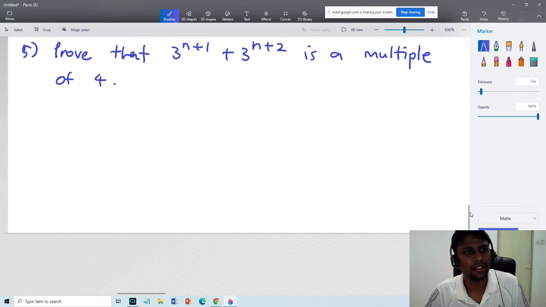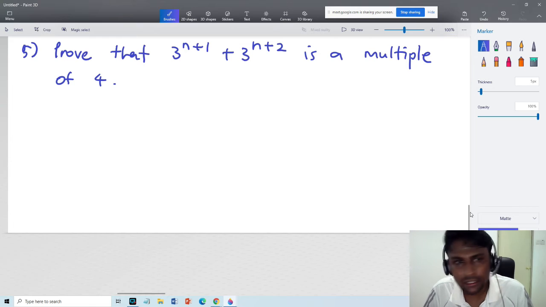That's the question. Prove that 3^(n+1) plus 3^(n+2) is a multiple of 4. How are we going to answer this question? Give it a try.